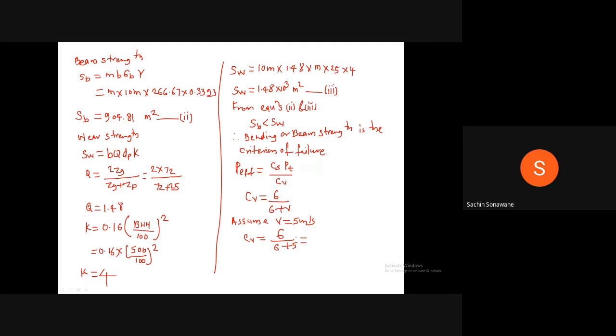What is the value of CV? 0.54. Yes, correct. 0.54.